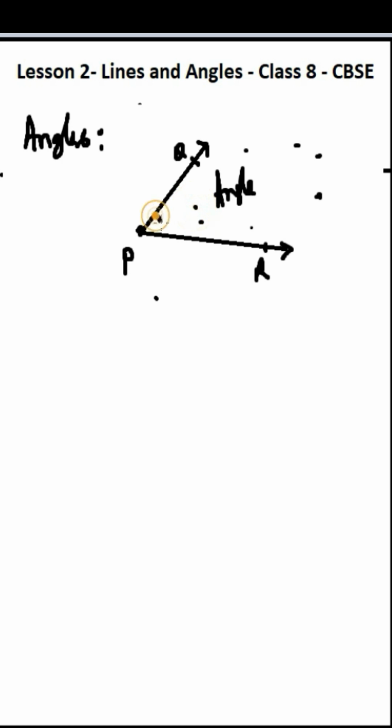So we put a curve like this, and we represent it as angle P, or with three letters you can also represent it as angle QPR. P should be in the middle because P is the vertex, so QPR, or angle RPQ.